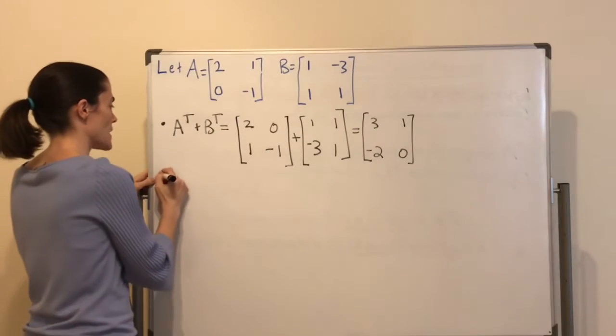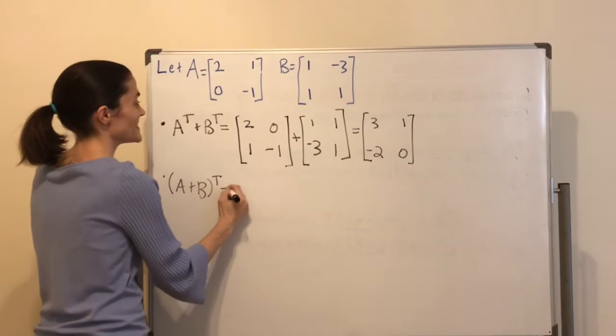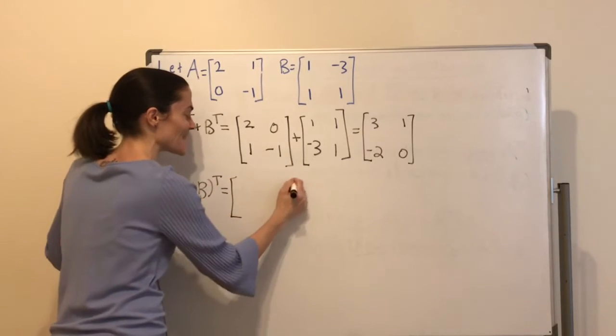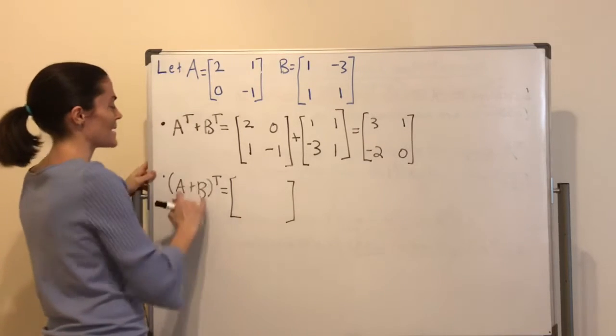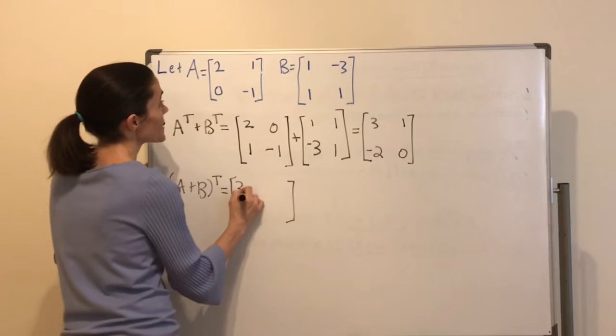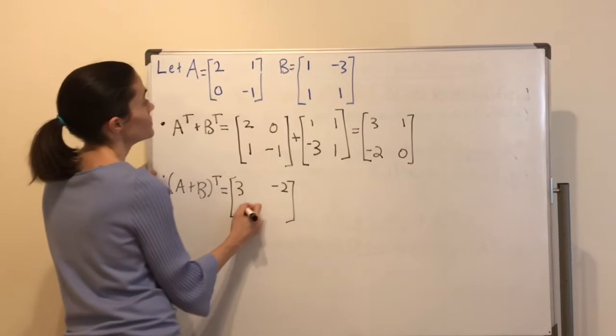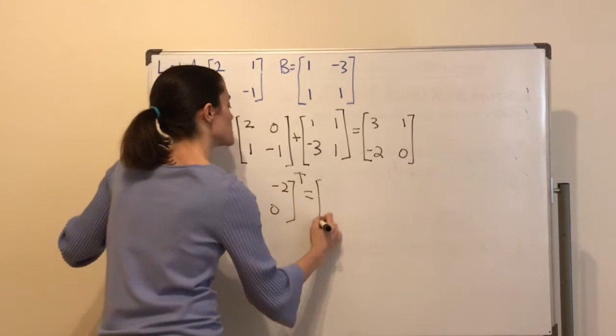On the other hand, A plus B transpose. Well, first we add and then we transpose. This is what I'm going to do, properties, but I'm showing them on these examples. If we add, we get 3, minus 2, 1, 0. And then I want to transpose.